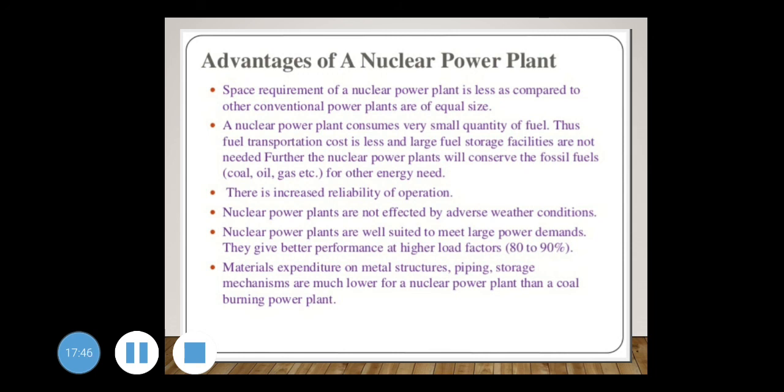This type of plant is not affected by weather variation or weather conditions. This plant is suitable for satisfying a large demand. The material expenditure is less. These are some advantages of the nuclear power plant.